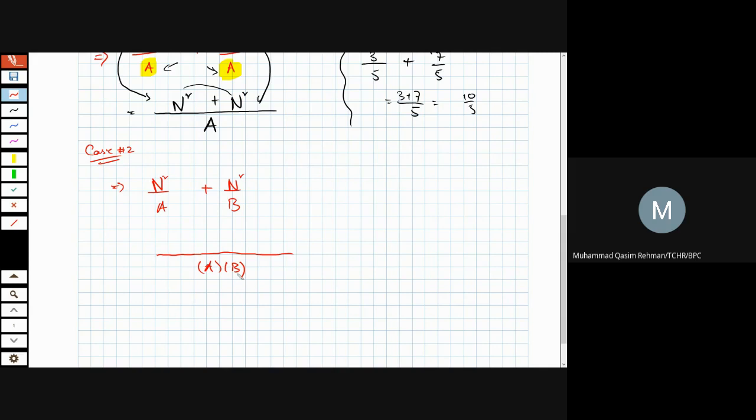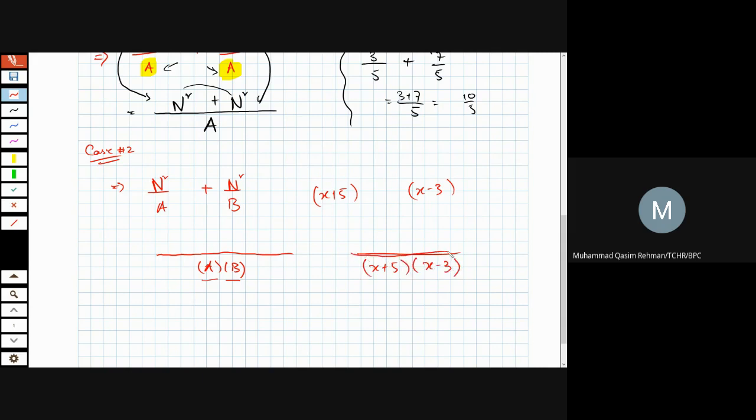You're not going to actually multiply them. You will keep it written in the form of a product. You will not expand the denominators after taking an LCM. You will keep it in factor form, like A into B. For example, if the denominator of the first one is x plus 5 and the denominator of the second fraction is x minus 3, now you can see there are clearly two different denominators. So the LCM would be x plus 5 into x minus 3.